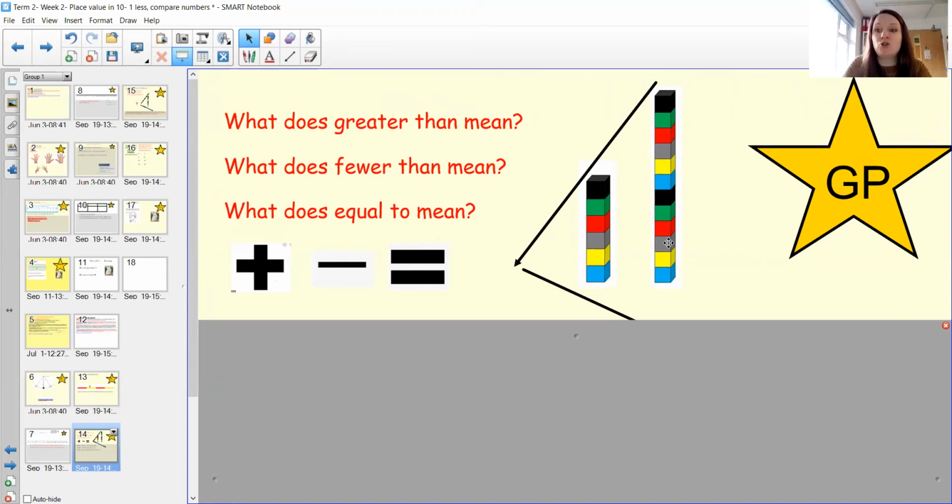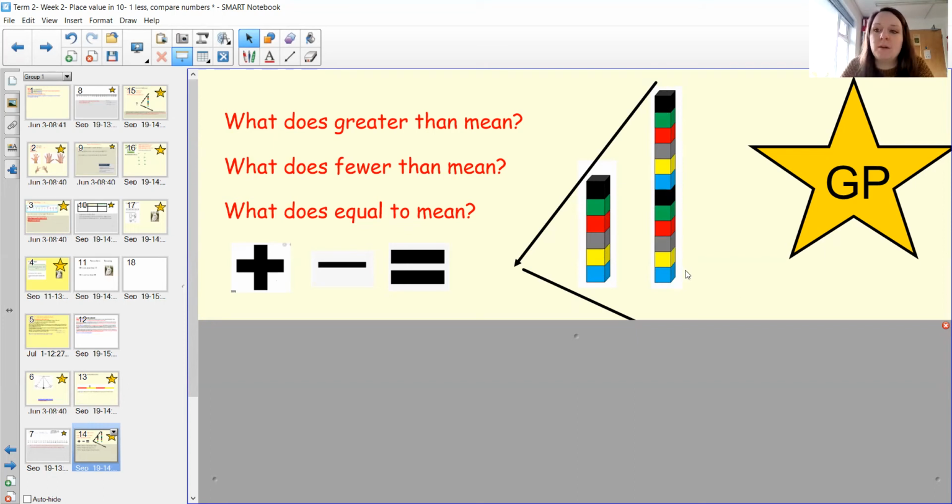So here I've just drawn some. So my first number, my first amount, let's count it together, is 1, 2, 3, 4, 5, 6. So my first number is 6. Here I've got my second number.